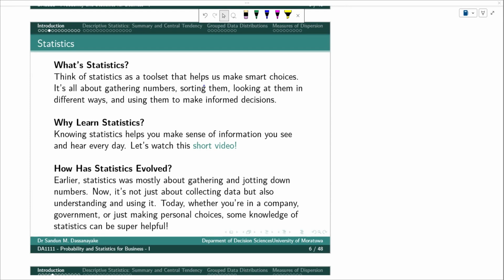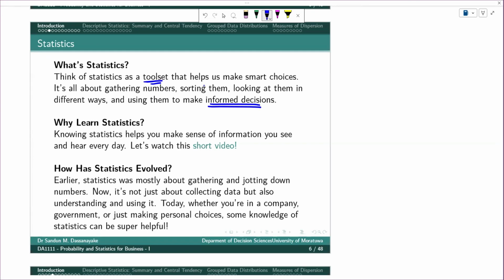Think of statistics as a tool set that helps us to make smart choices. It is all about gathering numbers, sorting them, looking at them in different ways, and using them to make informed decisions.